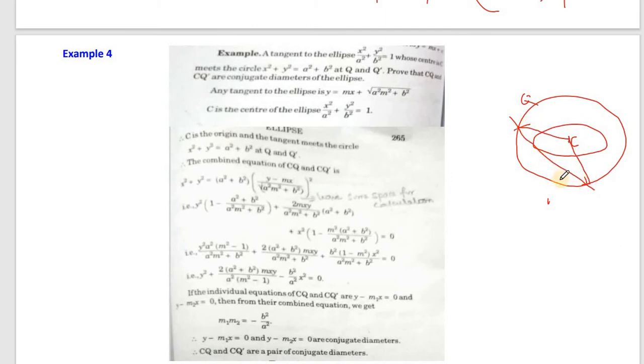This point is Q and this point is Q dash. So what you are trying to prove is that CQ and CQ dash are conjugate diameters. So if you are able to get the product of their slopes as minus b square by a square, then we are done. So how to approach the problem?